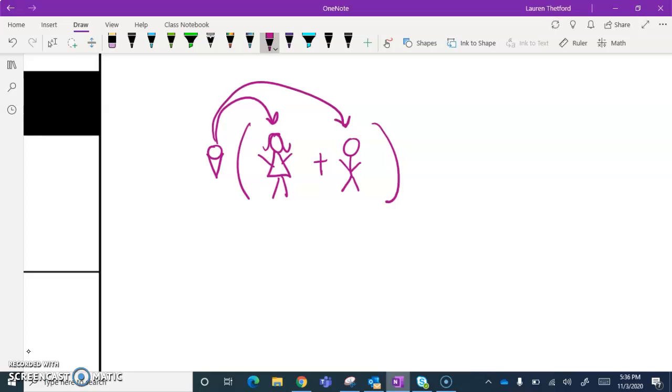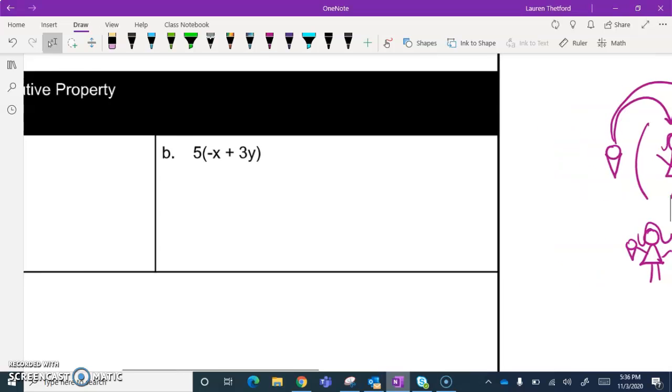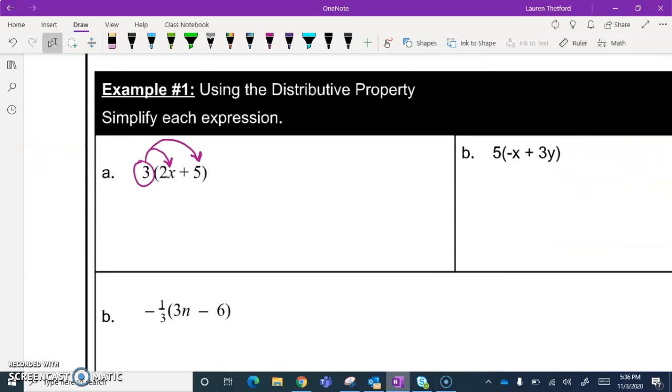We're siblings, we don't share. So my answer will be me, this is a really great drawing, with my ice cream, and my brother with his ice cream. That's what we're doing with that 3. We are taking that 3 and giving it to both things inside the parentheses.